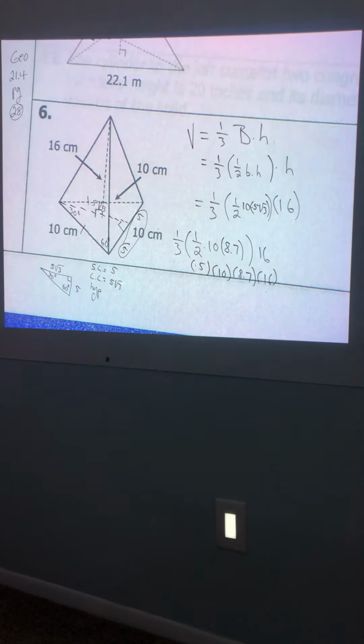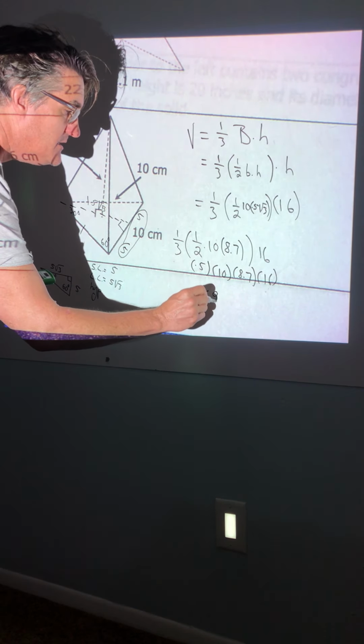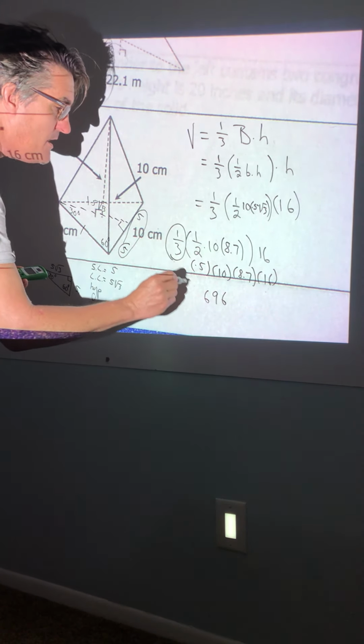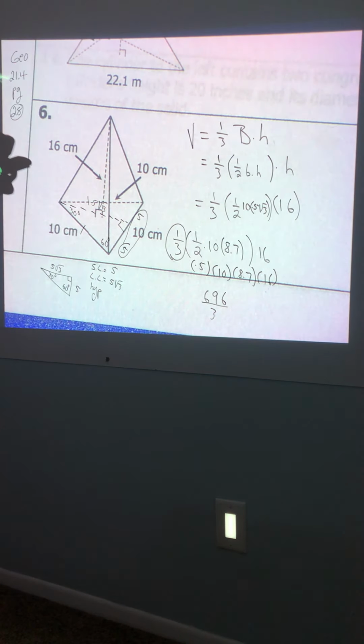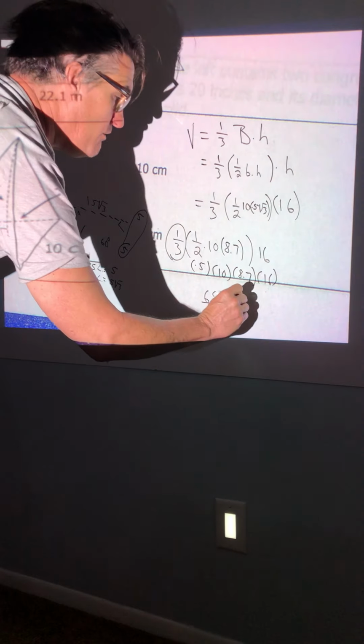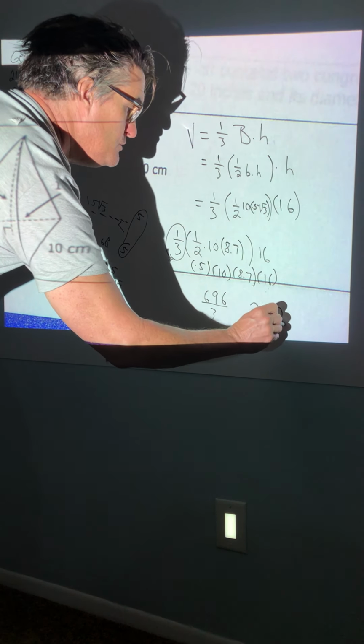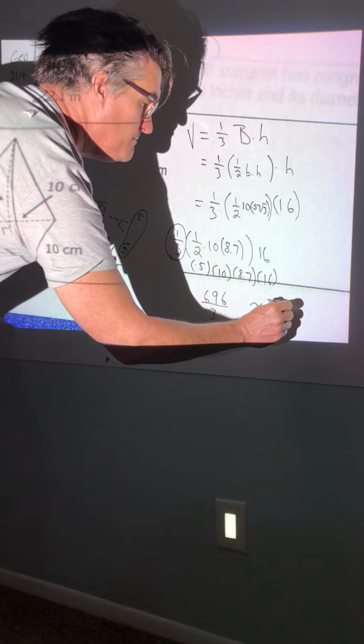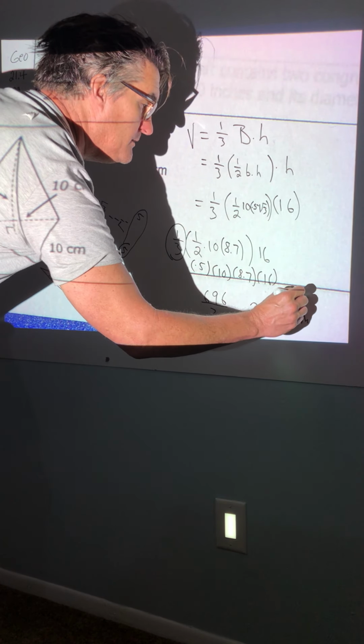Then I get 696. And see that 1/3 right here? That means you can divide by 3. So we'll divide by 3, and I get 232. Then I have to remember what I'm doing. After all that work, 232, look at the measurements: it's centimeters, and you're doing volume, so cubed.